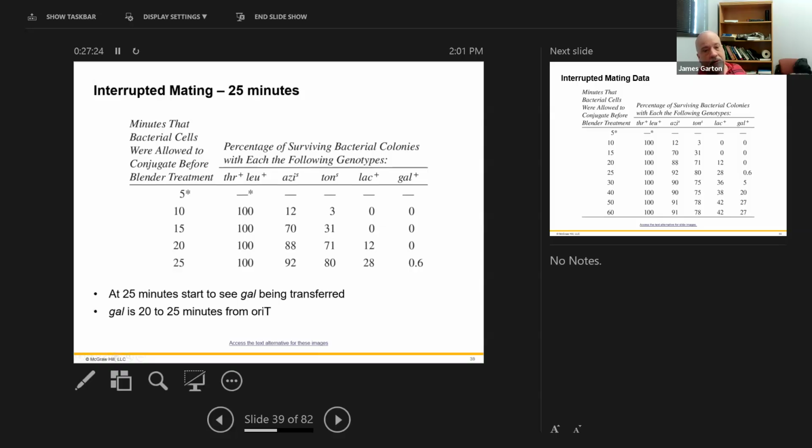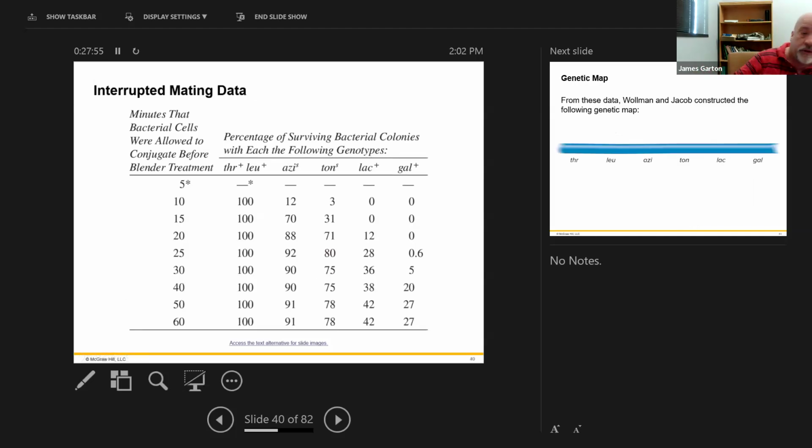All of the recipient cells are now threonine leucine positive. Most of them are azide susceptible. Most of them have become susceptible to T1 infection. A pretty good percent are now lactose positive, and you're starting to see the presence of the galactose.